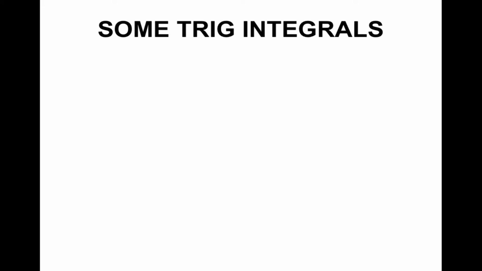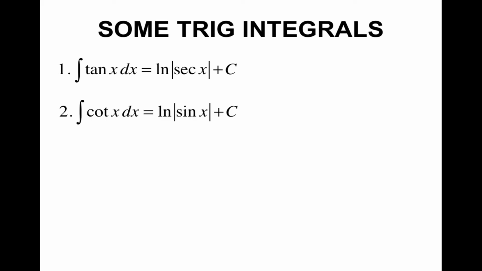All right, some trig integrals that you also need to make sure that you know. First, the integral of tangent x is equal to the natural log of the absolute value of secant x plus c. The integral of cotangent x dx is equal to the natural log of the absolute value of sine x plus c.